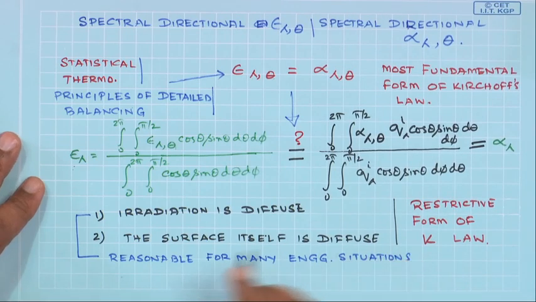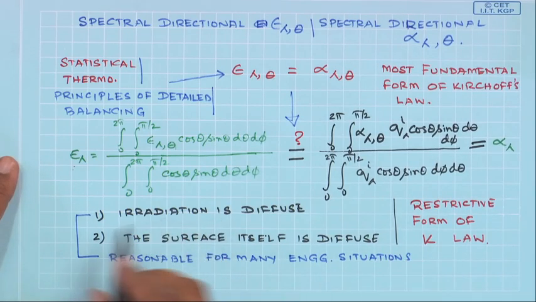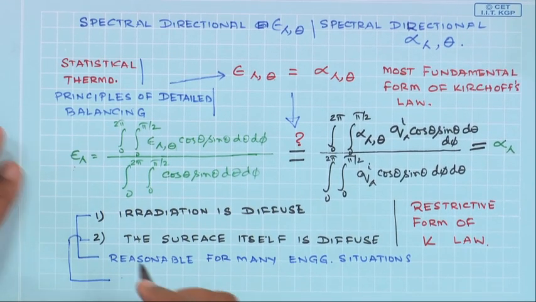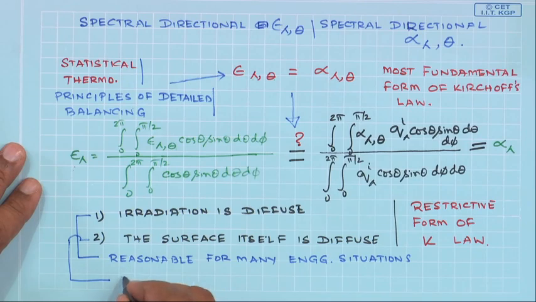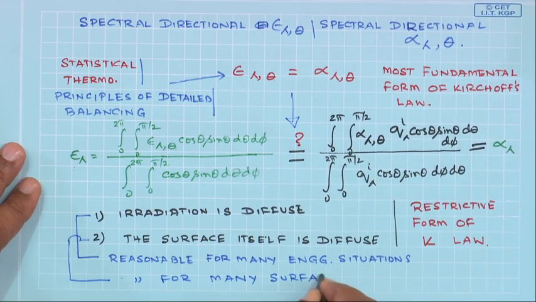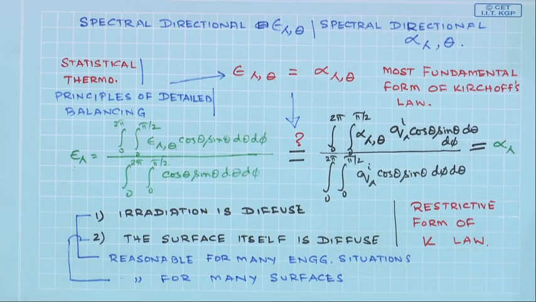That means it is safe to assume that the irradiation is diffuse, and number 2 is it is reasonable for many surfaces that the surface itself can be assumed as a diffuse surface.